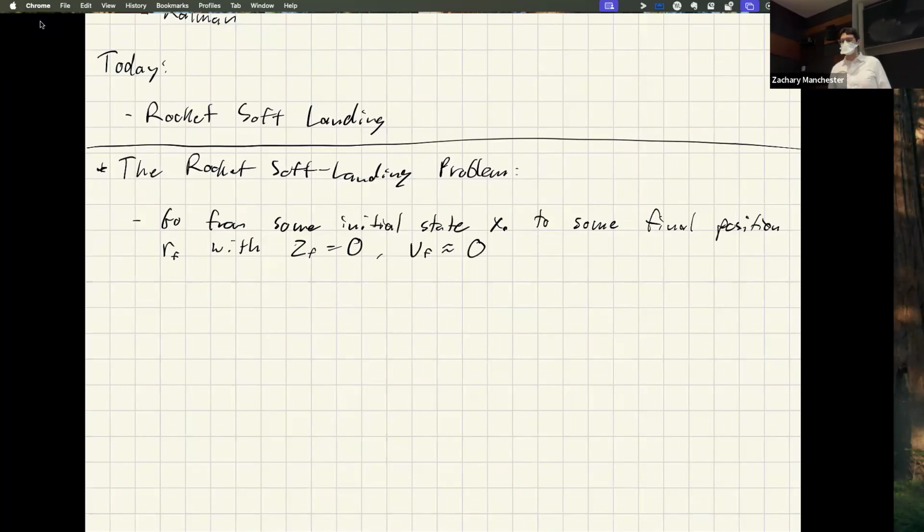So landing implies that the final height is 0, and soft implies that the final velocity is 0.